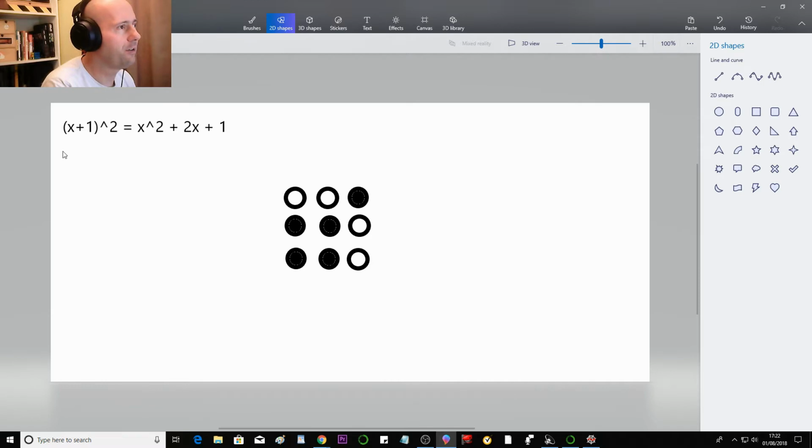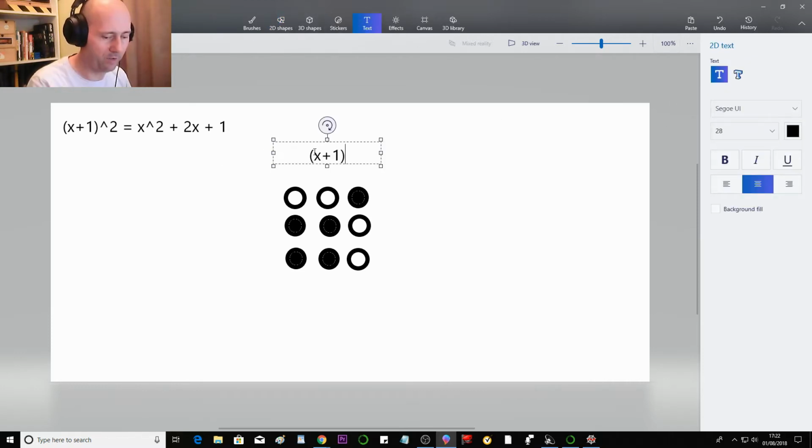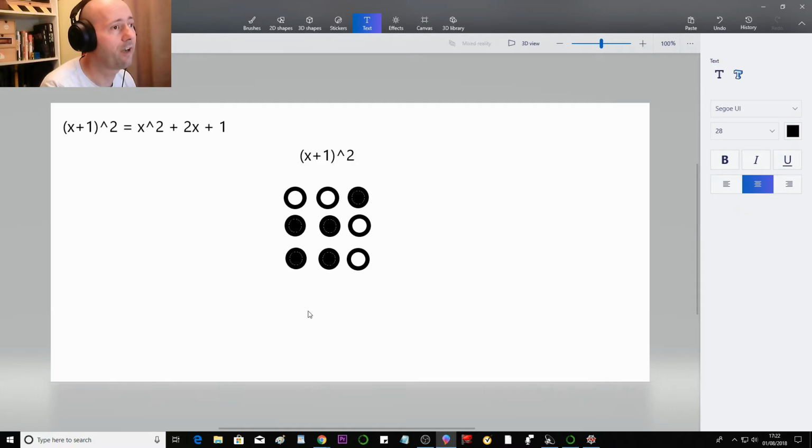So what I want to do is I want to say x plus 1 squared. So I'm going to write that. I'm going to write it here. X plus 1 squared, which is in this case 9. X plus 1 squared equals x squared. I'm going nice and slow.